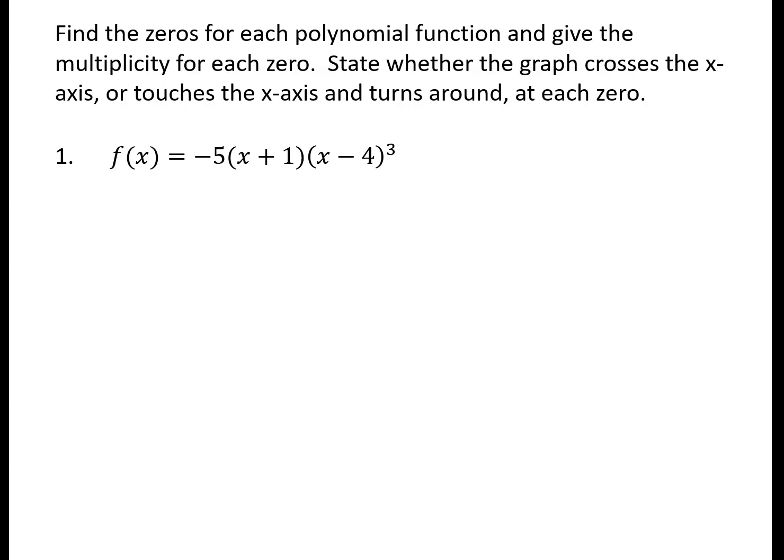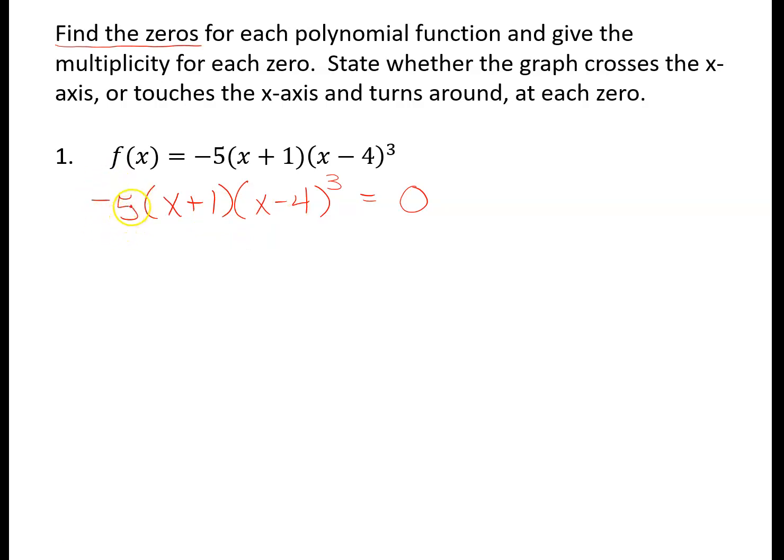When I'm finding the zeros, I'm going to set the function equal to 0, just like when we have been finding the x-intercepts in 3.1 and 3.2. Set it equal to 0. We would factor it if it wasn't already, but it already is factored. So we're ready to set each factor equal to 0. Now -5 is just a number.